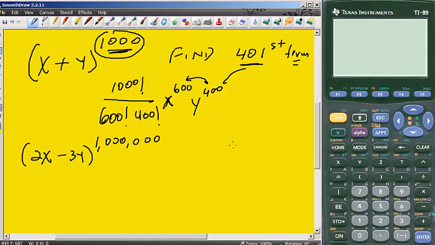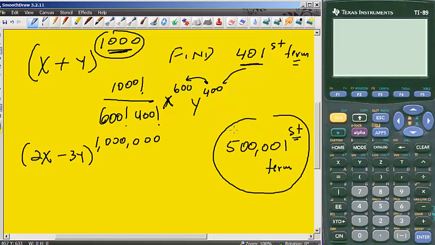I want you to find, I'll make it easy, the 500,001st term. So I want you to write out 500,000 terms before you get to the answer. Okay? Then you can find the answer.